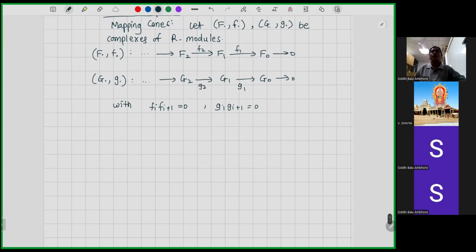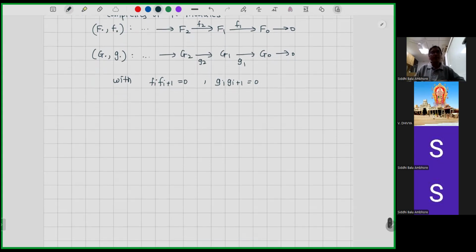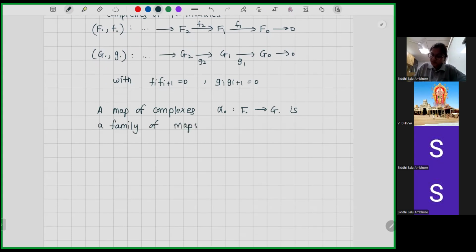For these complexes, we can define a map of complexes alpha dot from F dot to G dot, which is a family of maps alpha i from Fi to Gi. Okay, we have such maps here.